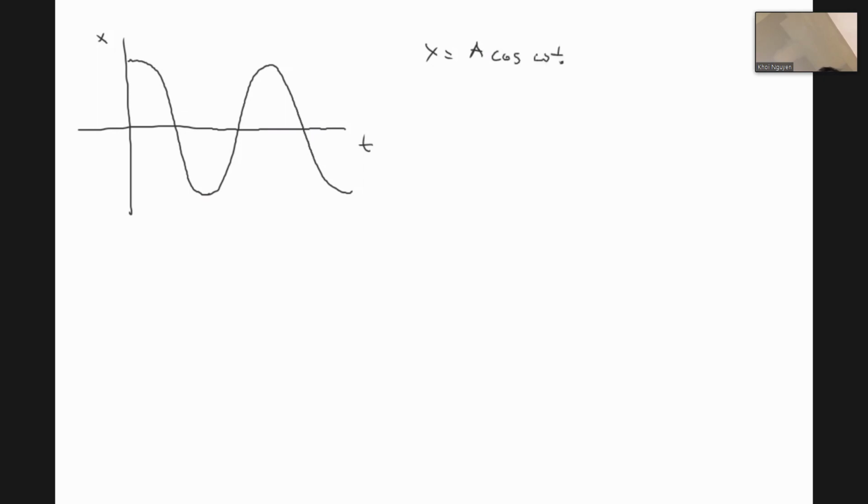And the velocity would have been, derivative of cosine is negative sine, omega t, and your acceleration would have been negative A omega squared cosine omega t. The most important part is that acceleration is equal to the negative times omega squared times the displacement vector.